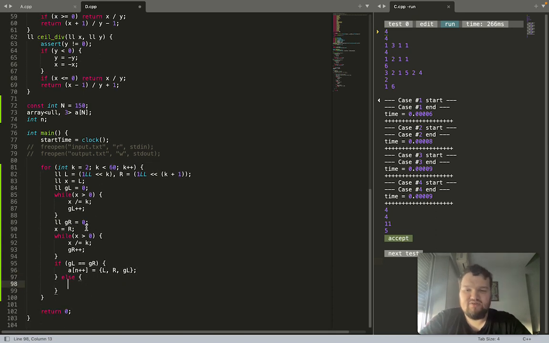Otherwise we can calculate k to the power of gr to find the first number on which the value function g becomes bigger.